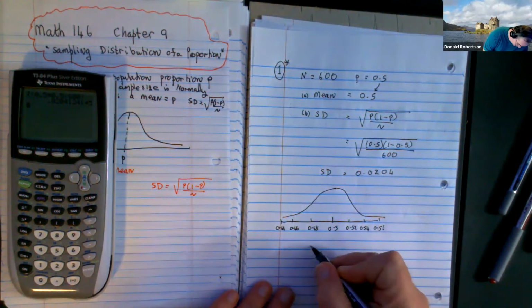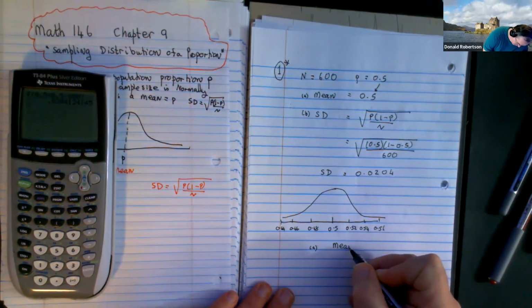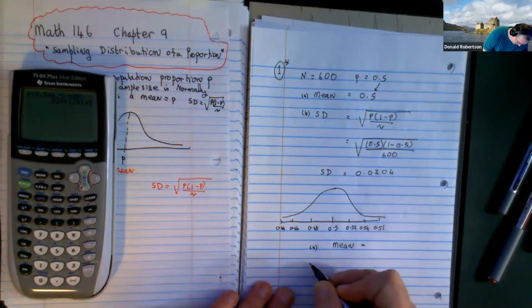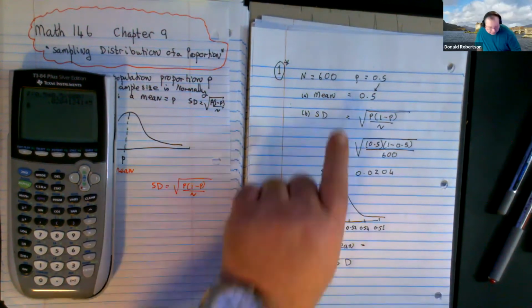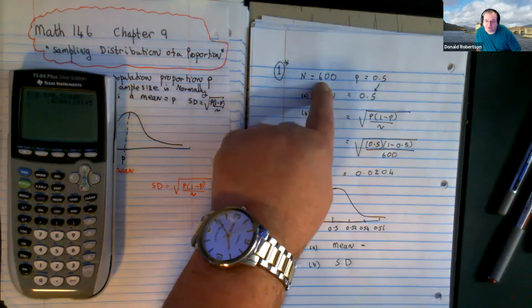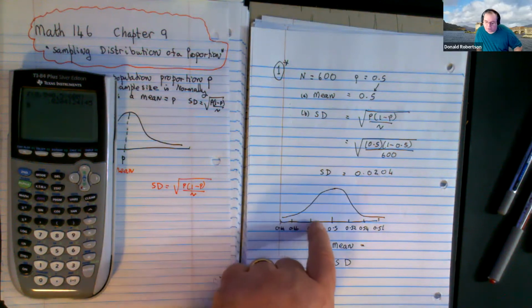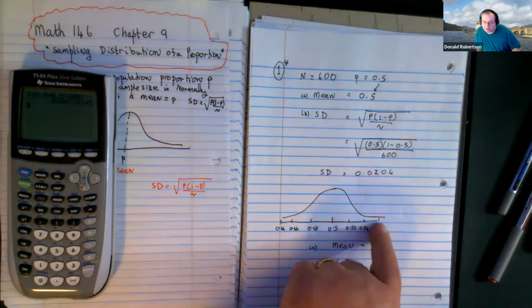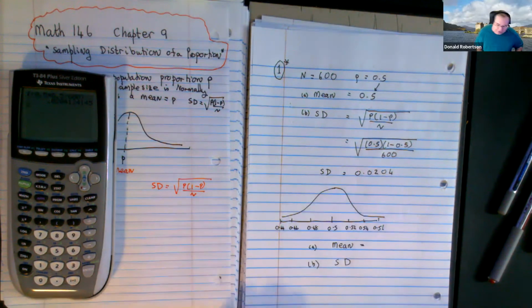In fact, you're not even asked to draw this picture, but I chose to. So I'm going to show you something while we have this data. Let's suppose I didn't choose a sample size of 600. If I chose 600, this is the kind of shape that you would get from all your samples. Some would be a little bit bigger, some a little bit less, but most of them would be about 0.5.